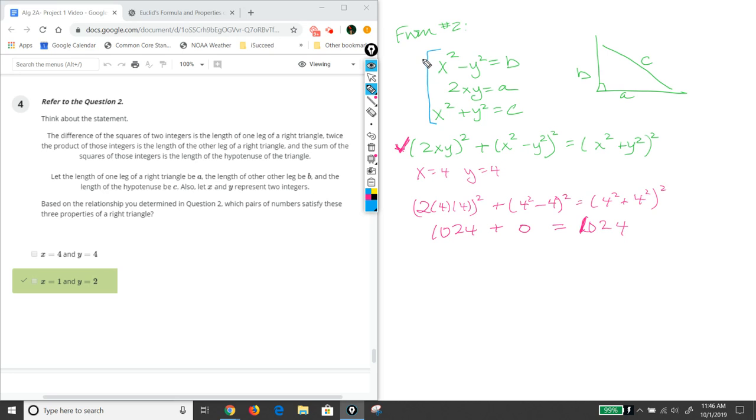Now, I'm really worried specifically about this first one. If I think about that one, knowing that x equals 4 and y equals 4, that means that I have a 4 squared minus another 4 squared that equals b, which is one leg of my triangle.